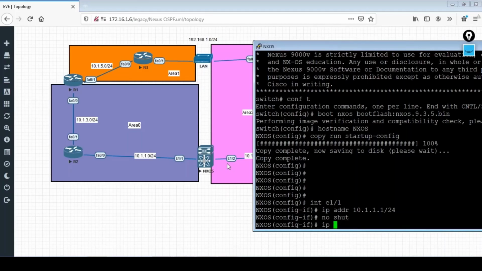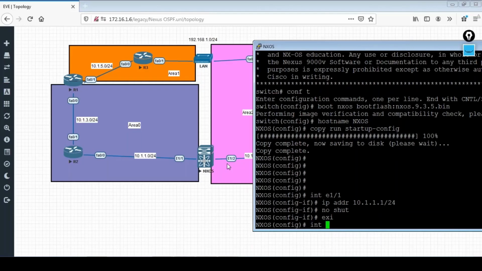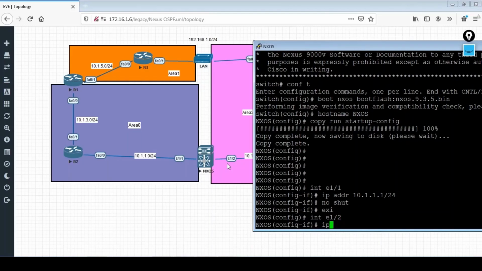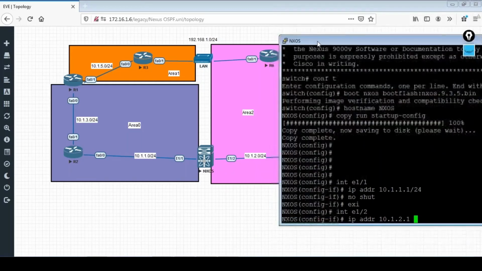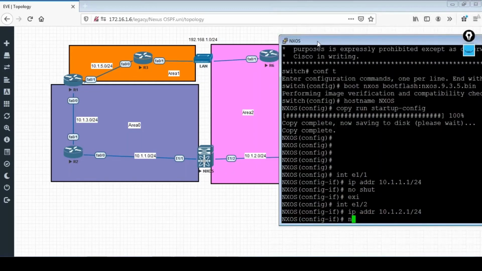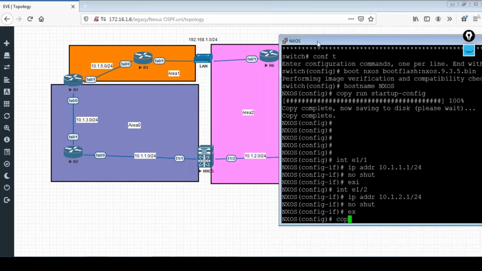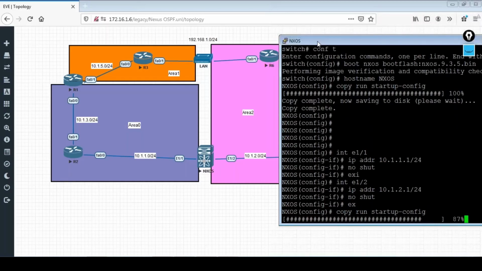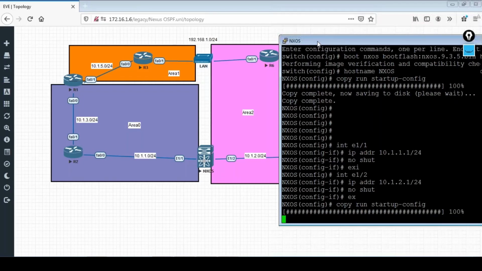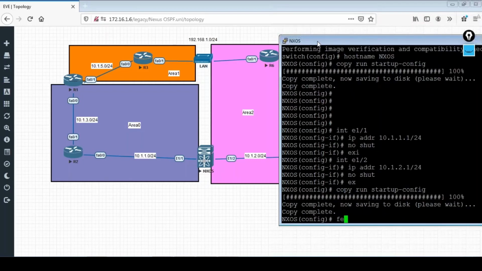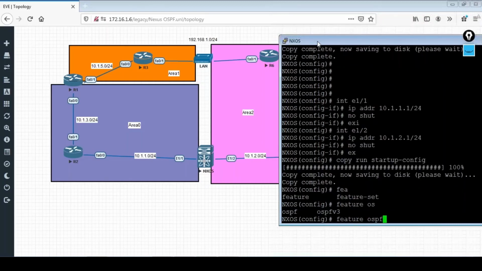So I would like to, I think the feature has to come. Okay, let's bring in the feature OSPF.